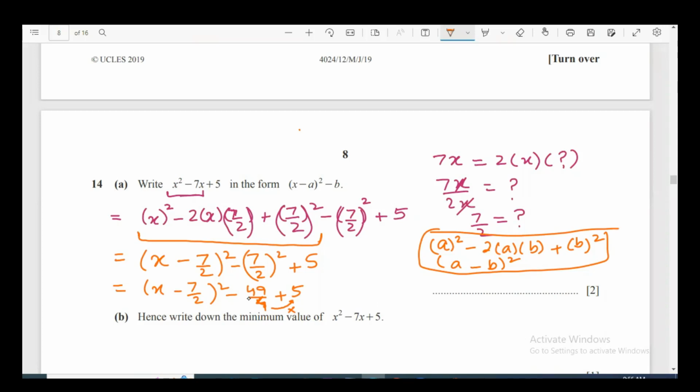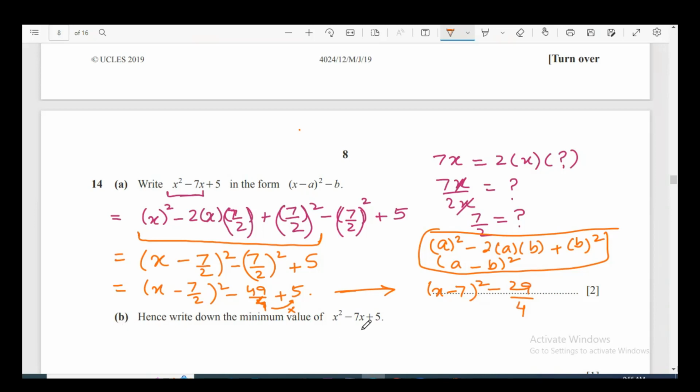So write down the answer, which will be (x minus 7 over 2) whole square minus 29 over 4. Now x square minus 7x plus 5 has been expressed as (x minus 7 over 2) whole square minus 29 over 4. This is the final answer of our question here.